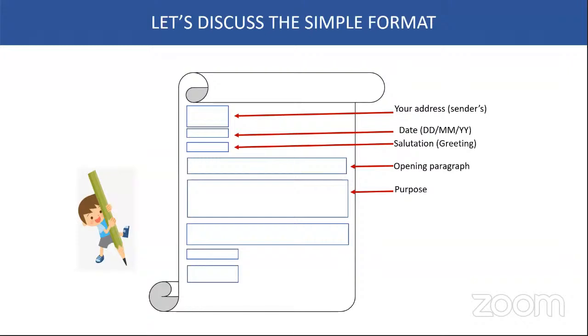If I repeat it, this is the bigger part in the letter, the body. So this part contains all the information you want to share by writing this letter. Why am I writing this letter? There is a special reason.